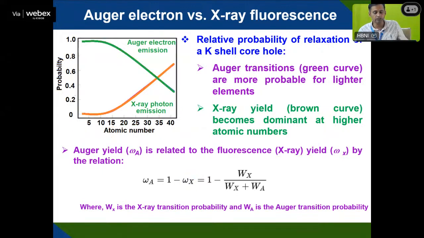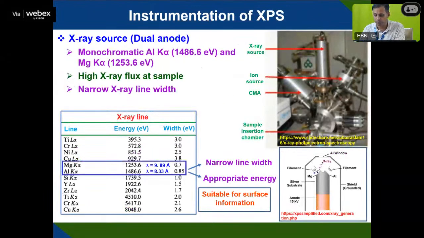If you see the instrumental part of X-ray photoelectron spectroscopy, this is a typical photograph of an XPS instrument. On the top surface, you have a source here. That source is a dual anode source, which has monochromatic aluminum or magnesium. The energy for aluminum is about 1486 electron volt, and for magnesium about 1253.6 electron volt.